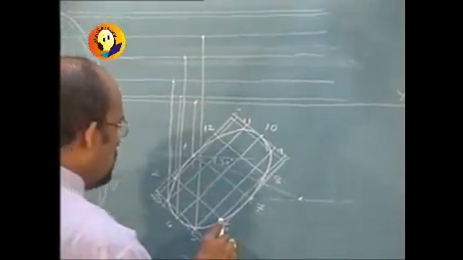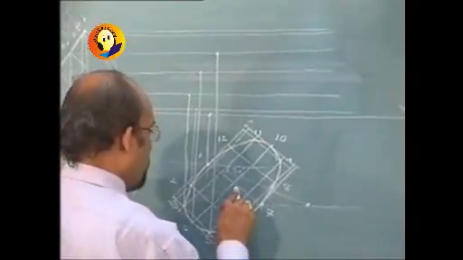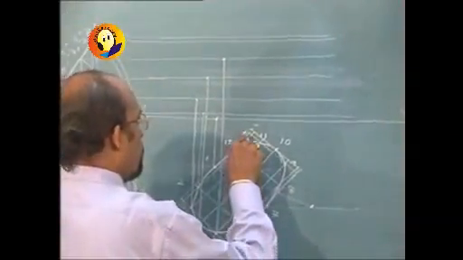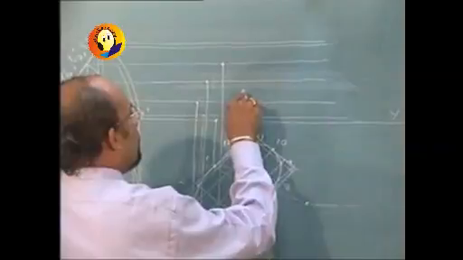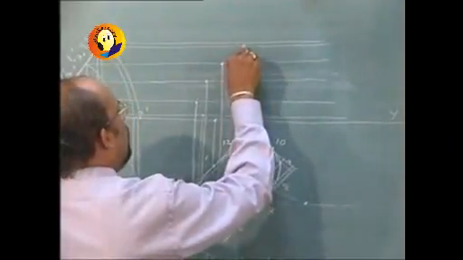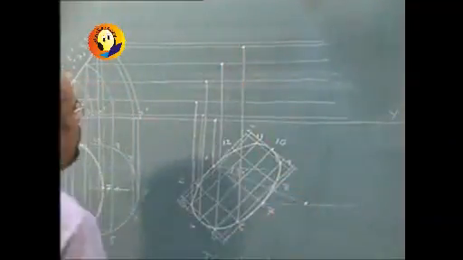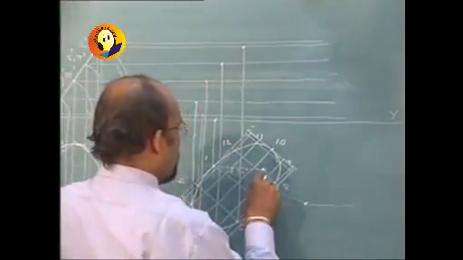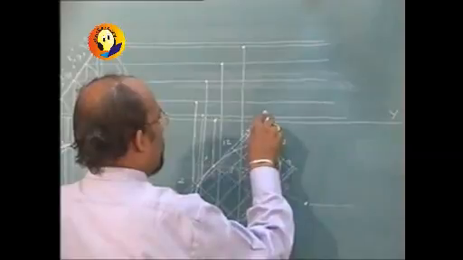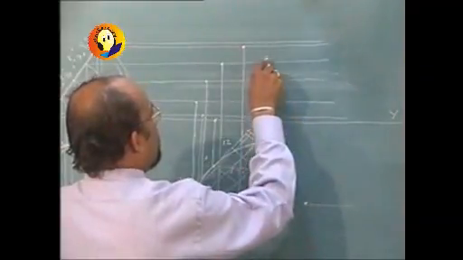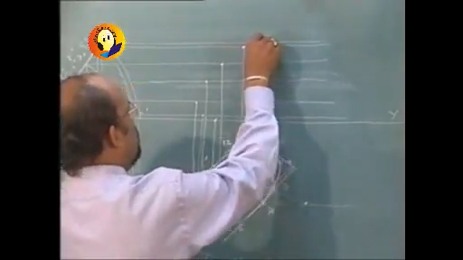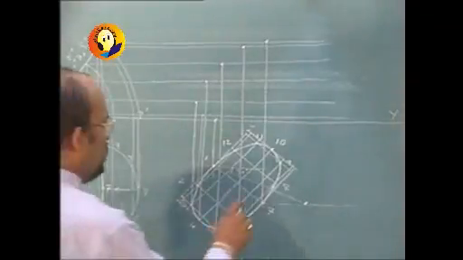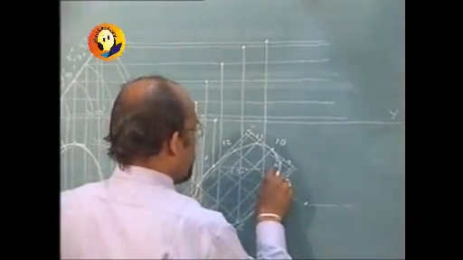Projector through point 6, up to path of 6. Projector through point 7, up to path of 7.